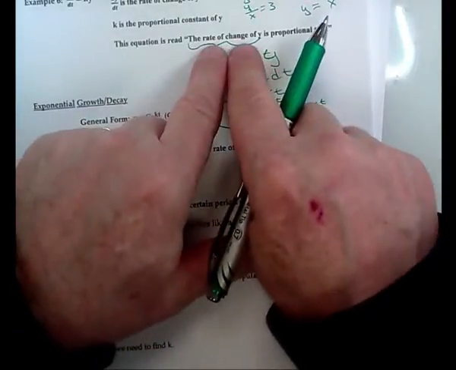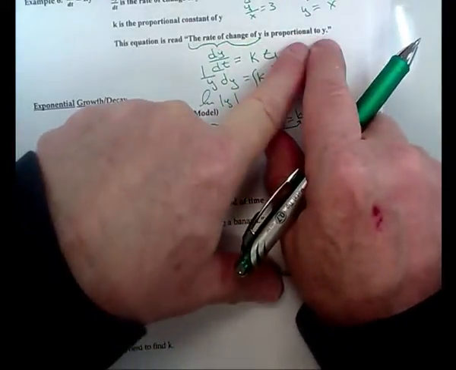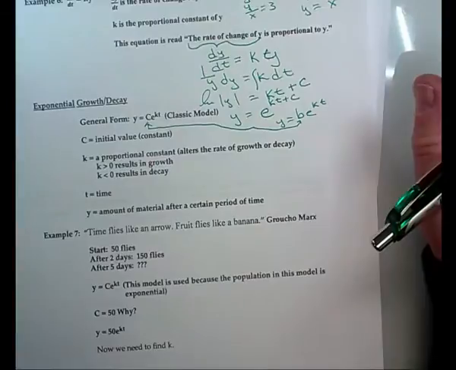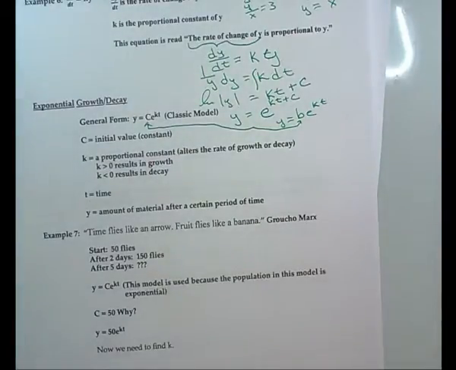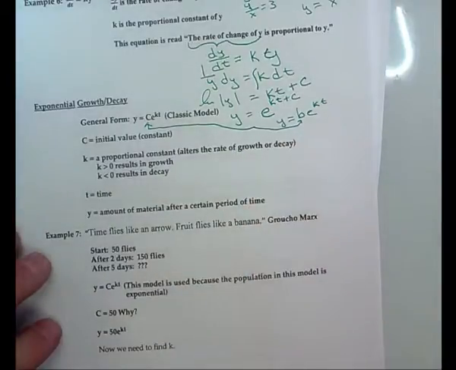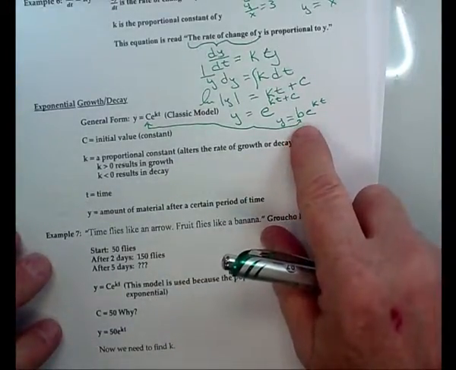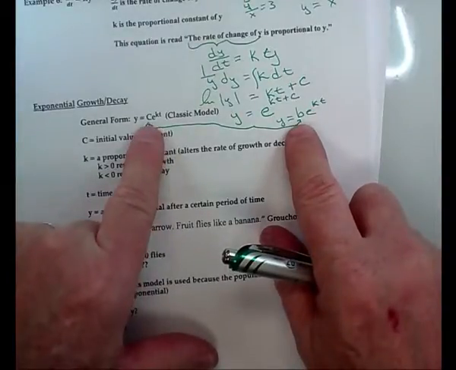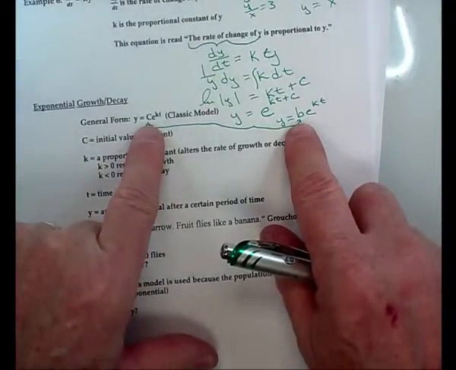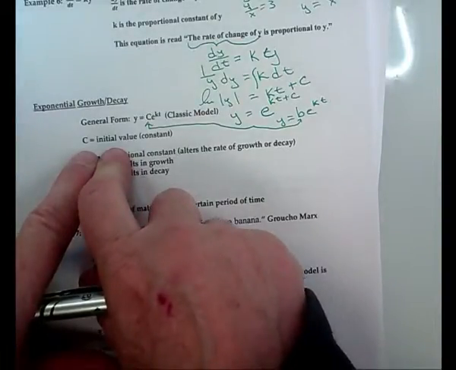That comes from a rate of change proportional to y every single time, because if I divide correctly by y, I get 1 over y. That leads us to the natural log, which leads to this exponential form. And I just want you to see that c and b are the same value. It is called the initial value. Think about it.